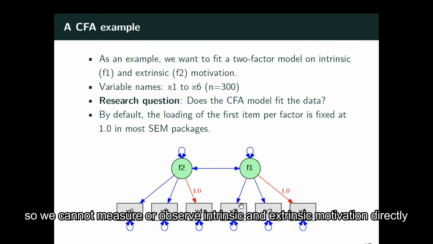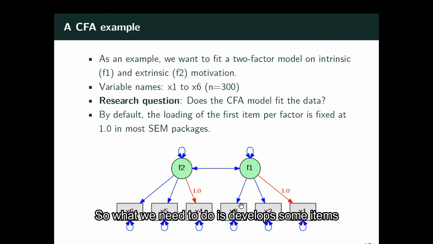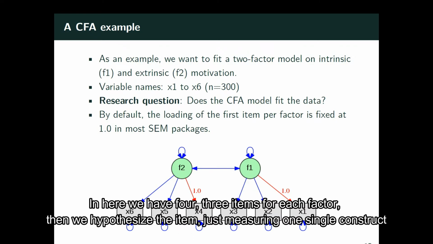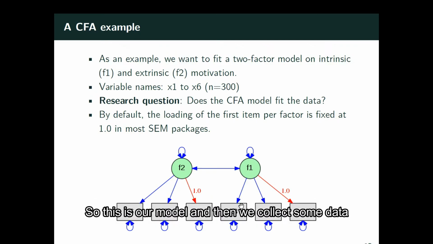We cannot measure and observe intrinsic and extrinsic motivation directly, so what we need to do is develop some items. Here, we have 3 items for each factor. Then we hypothesize the items are just measuring one single construct. Okay, so this is our model.